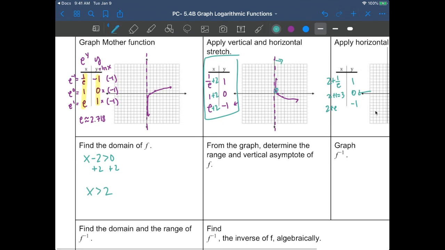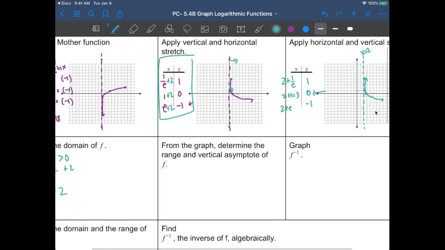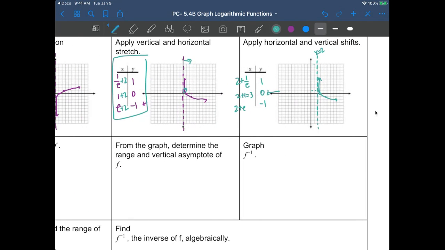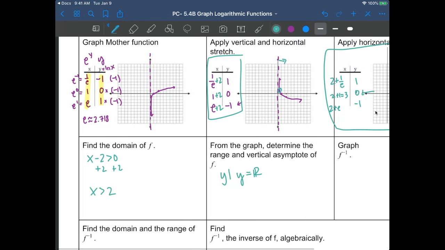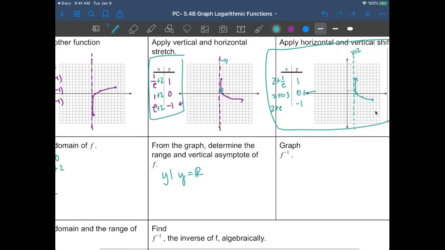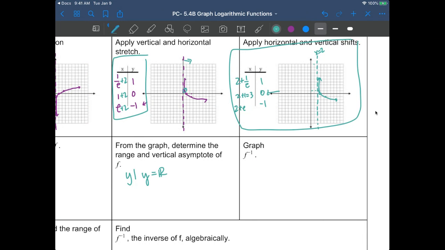For the next one, looking at the domain and the range from the graph, I'm looking at this graph right here. I can see that y is equal to all real numbers, and x's are greater than 2. The vertical asymptote is at x equals 2.